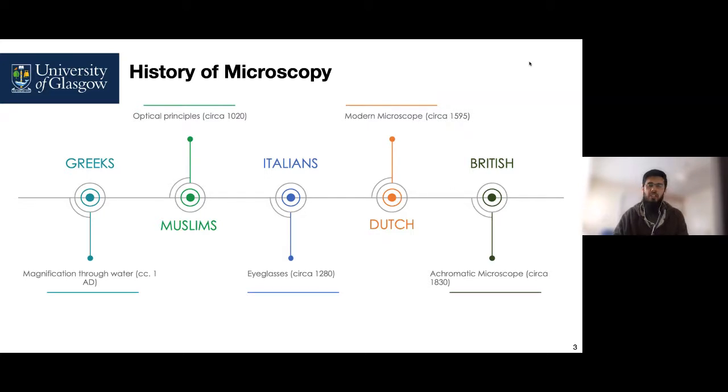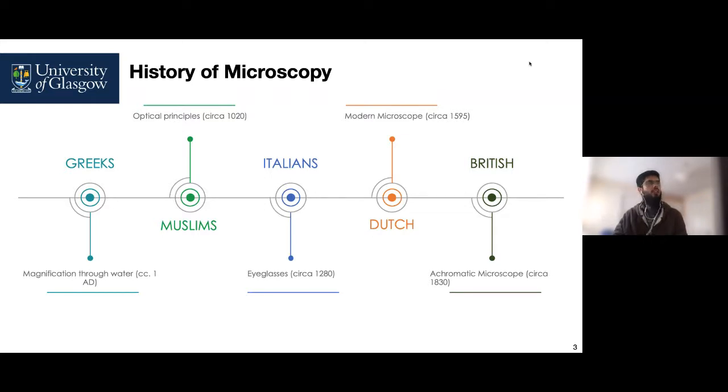In the 1st century AD, there was an observation through a sphere of glass which was filled with water, and when that sphere of glass filled with water was put on things, they appeared magnified. So this was one of the earliest documented observations in terms of microscopic interests.